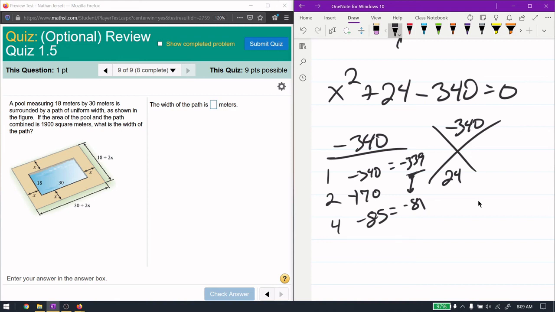I doubt 5 can go in there. However, 10 can, because it's got a 0 on the end. And 10 times negative 34 gives me negative 340, with a sum of negative 24. That's almost exactly what we want, but the sign's incorrect. I can adjust for that by making this negative 10 and positive 34, making the sum a positive 24. And that's exactly what I want. I jumped from the 4 to the 10 because I knew 5 was still going to be too far apart.